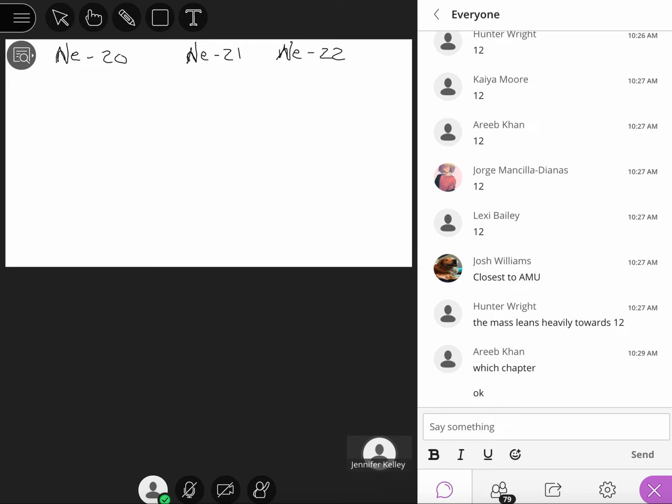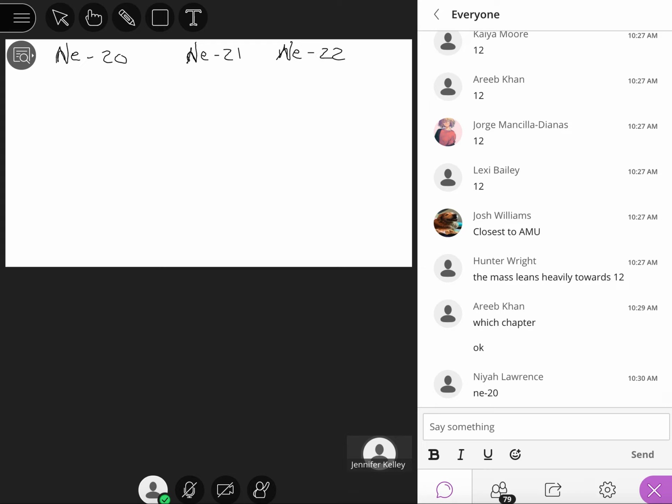And they give the atomic mass of each of those isotopes, which is very close to 20, 21, and 22. So for 20, I'm just going to put mass here, and then abundance beneath it.